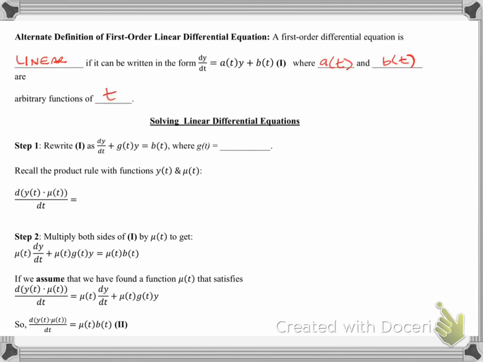To solve this, notice that we're calling this expression 1, and we rewrite 1 as dy over dt plus g of t y equals b of t, where g of t, if you go back to 1, you should know what g of t will be. It's going to be negative a of t. You all see that?